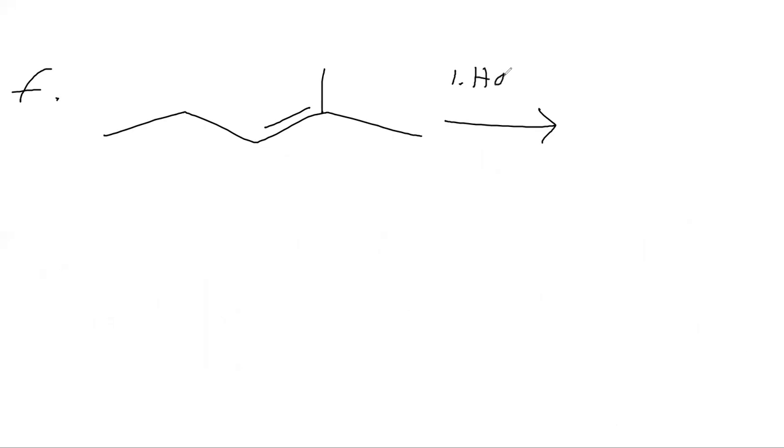This time I won't show all those extra steps. I'll just show the product. And if any of you were wondering what THF is, it's just a solvent. It's kind of just there for things to sit in and react.